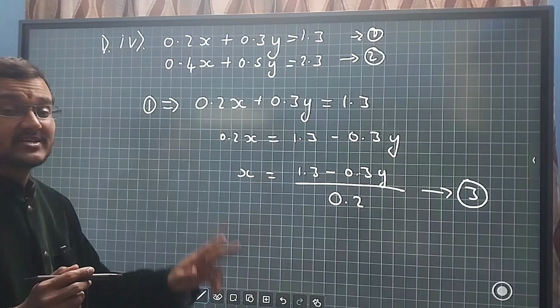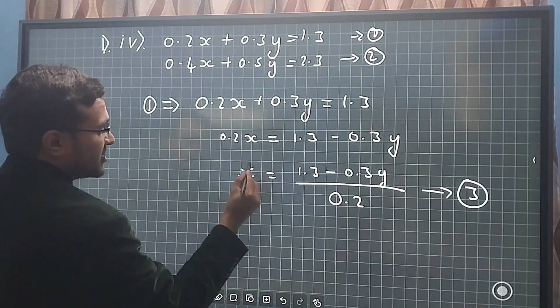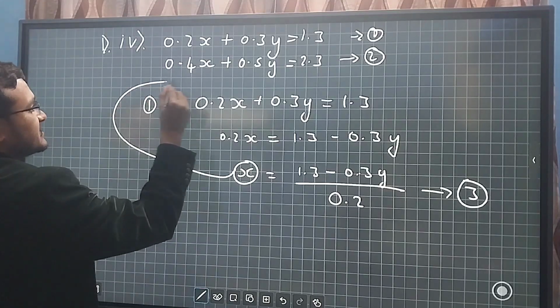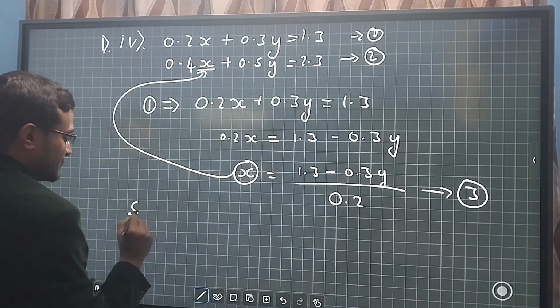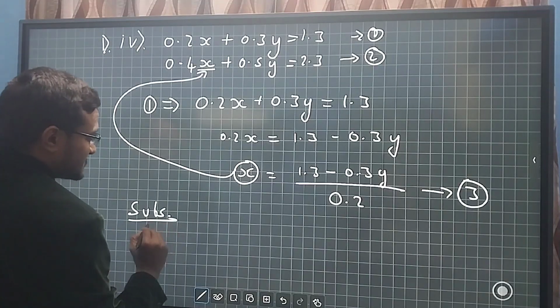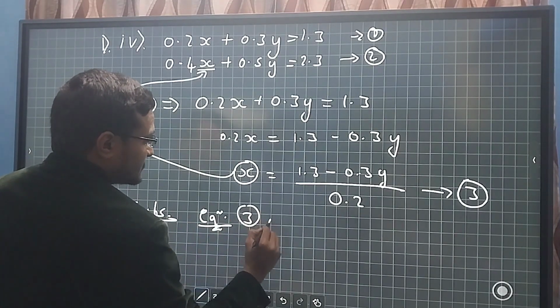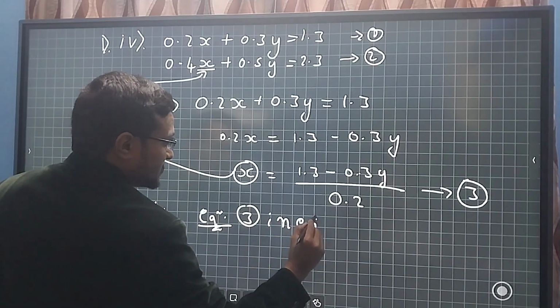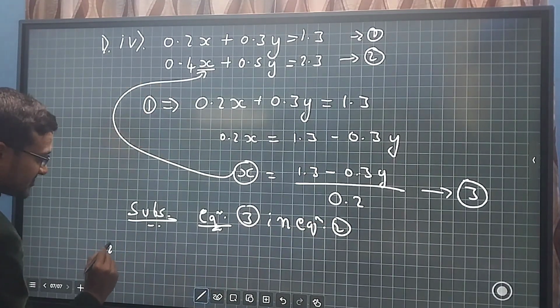Now you can substitute equation 3 in equation 2. The x value which you have got here, this will be substituted in the x of equation 2. So when you substitute equation 3 in equation 2, what will be your equation 2?